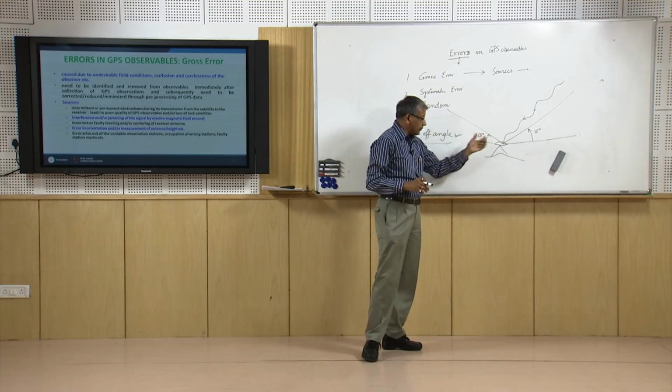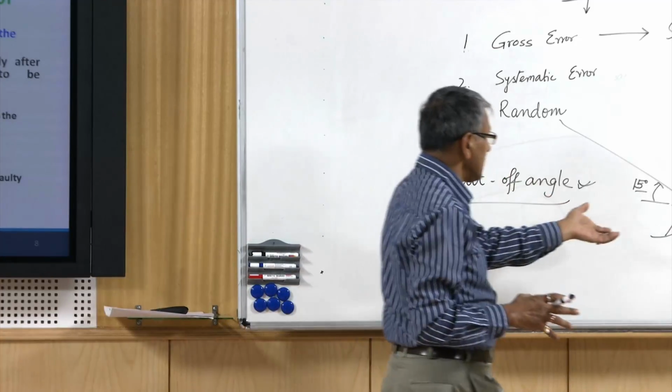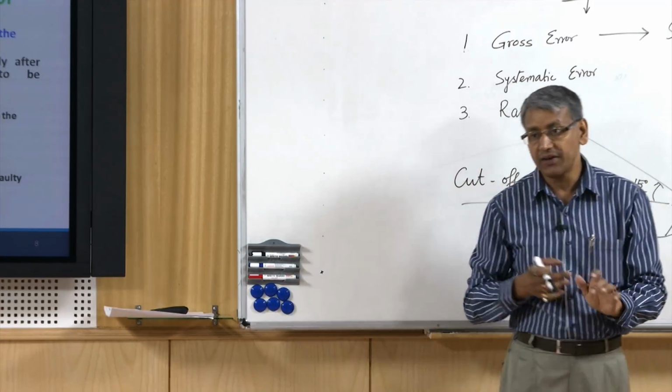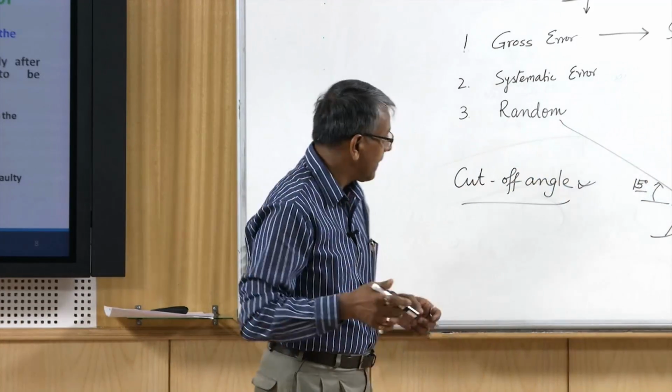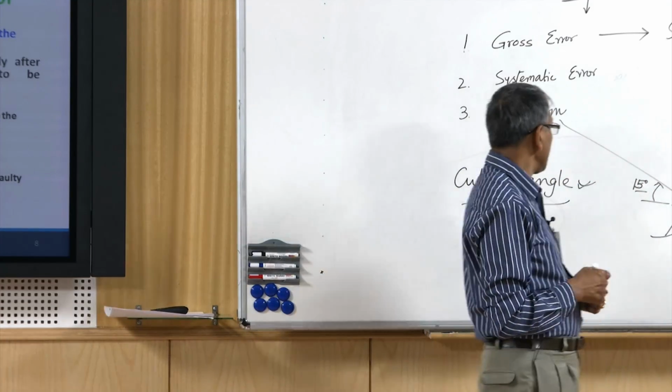Then another thing we have to see is that near the observation station there should not be any transformer or high tension line, so that there is no interference of the signal.